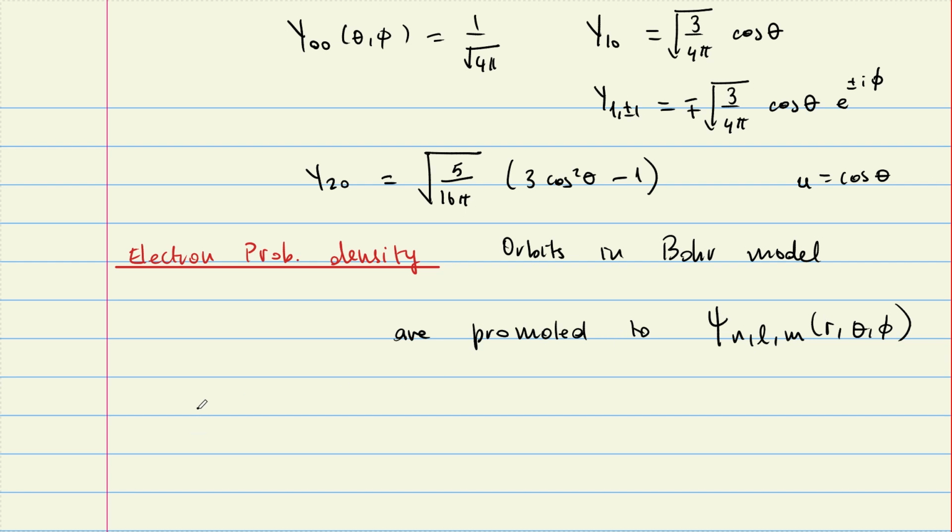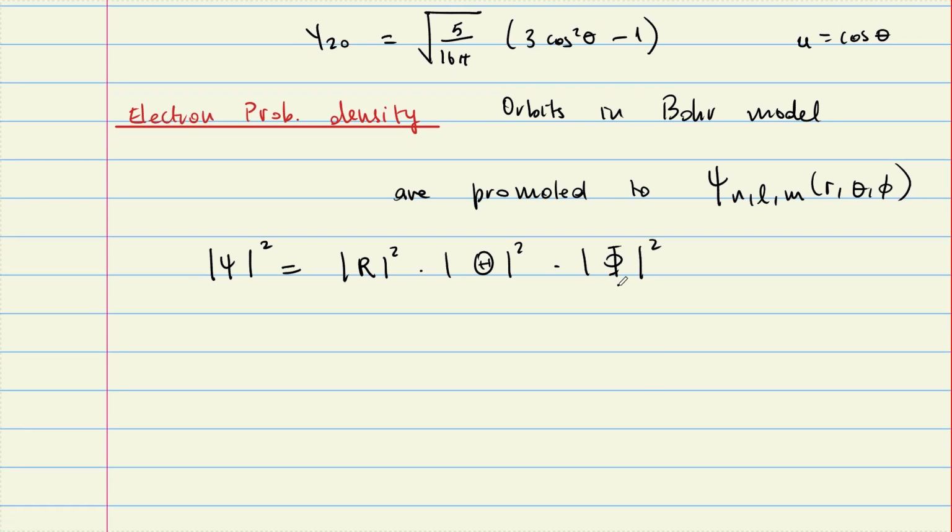And when you want to calculate probability density, this is what we do with psi squared, and psi squared is going to be R squared times uppercase Theta squared times uppercase Phi squared. But Phi is of the form e to the plus or minus i m phi, and when you take the norm, it is going to be 1. So no phi dependence in probability density.